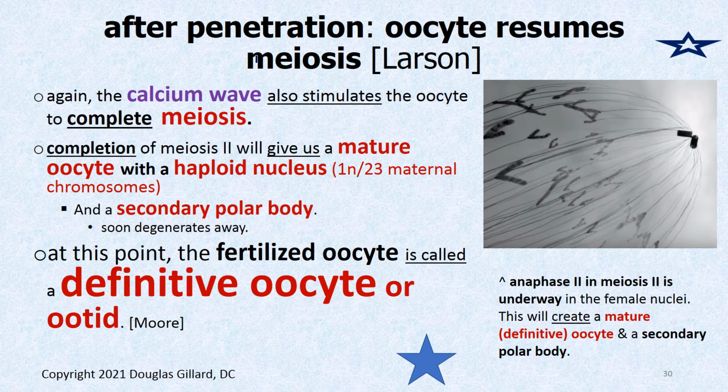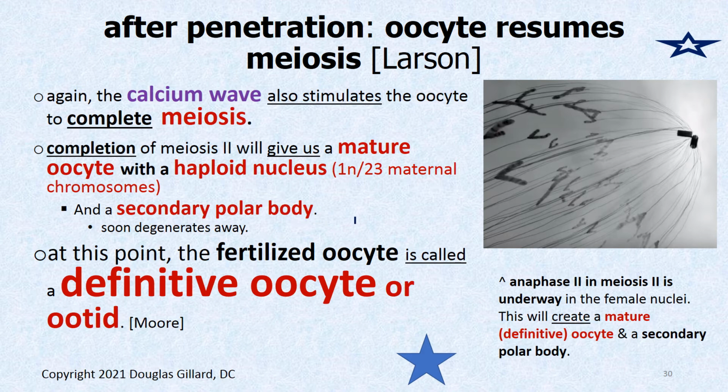All right, so after penetration, the wave of calcium stimulates meiosis to get going. That's awesome. Once meiosis 2 is complete, and this is going on in the nucleus of the secondary oocyte, it just runs through the rest of meiosis like it does.